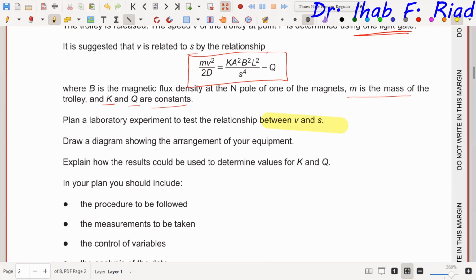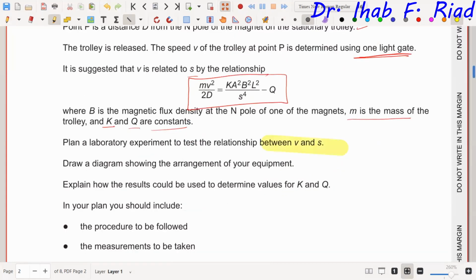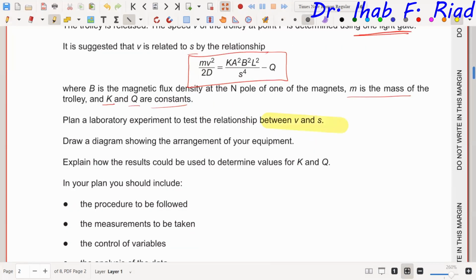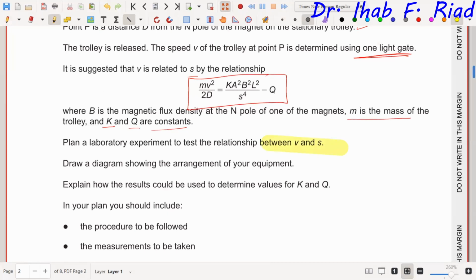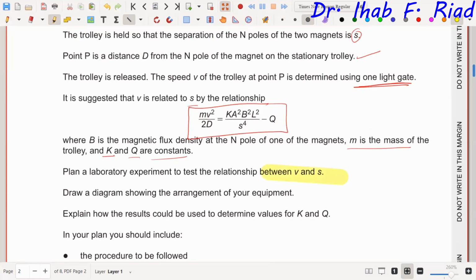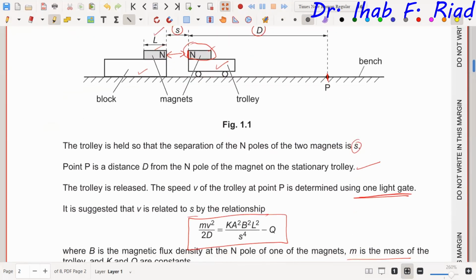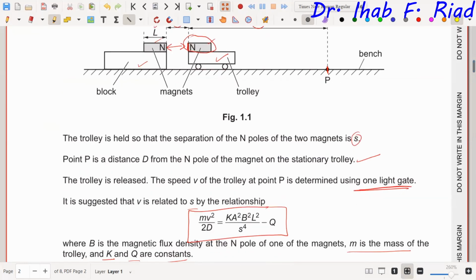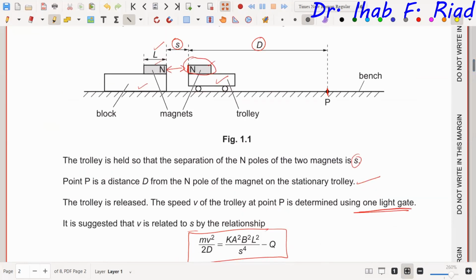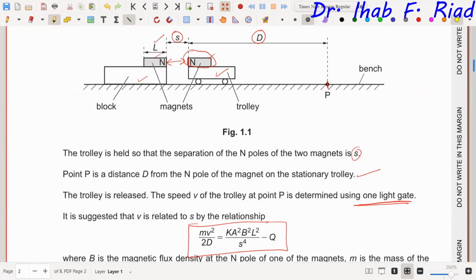Yes. So from this statement, can we decide which one is the dependent and which one is the independent? Can you go up here? D is the independent. Why did you decide for D?